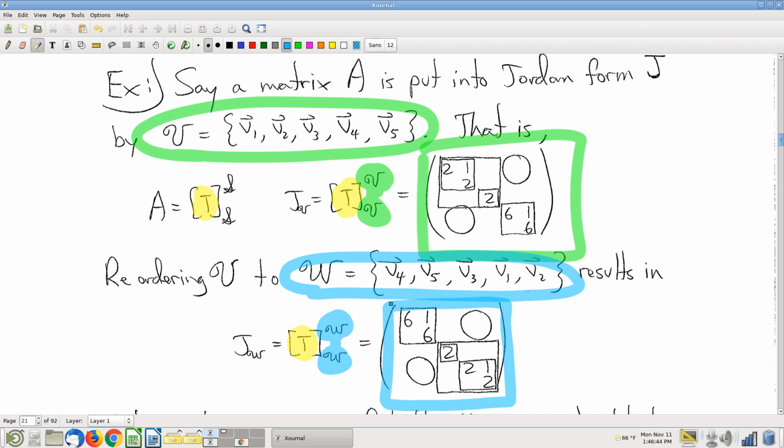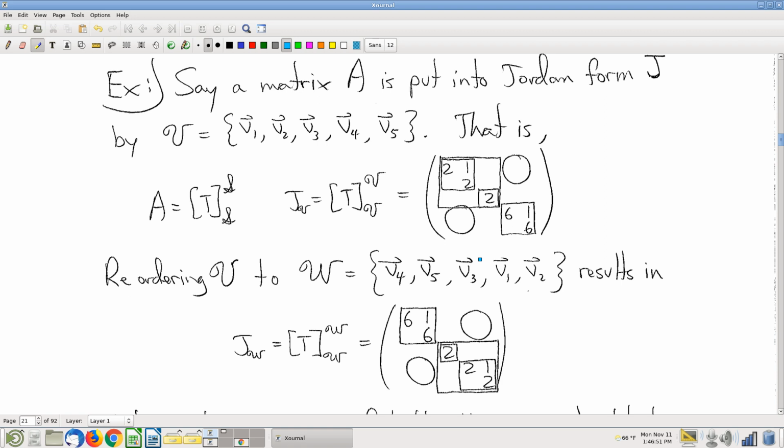All right. So now let me point out another detail here. The bases, looking at that basis versus this basis. Notice how it's the same 5 vectors. I've just reordered the basis vectors. And you'll notice another thing.